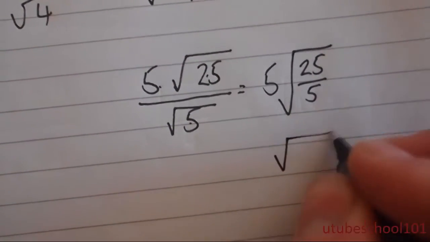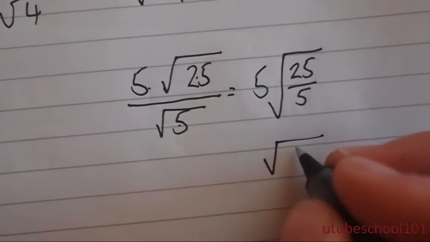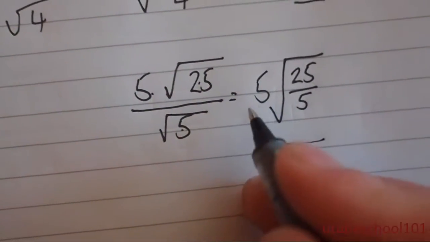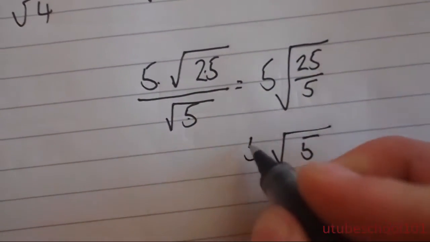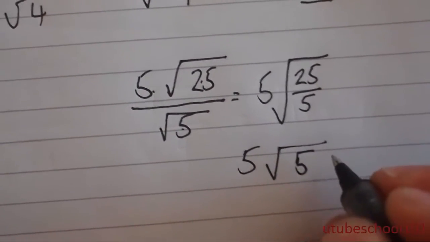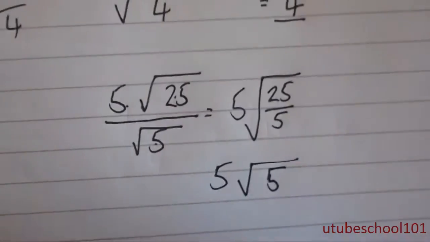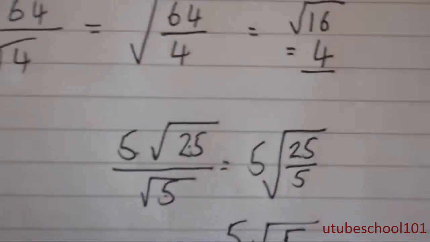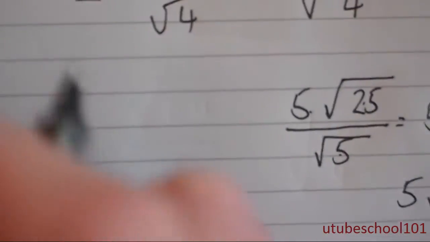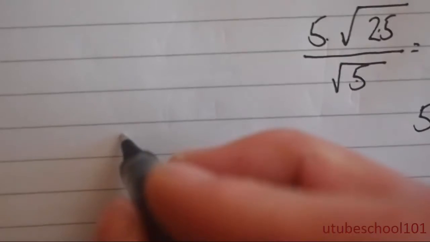Well, it's 5. Now, we just times it by 5, and there's our answer. I mean, that's not a precise answer, but it's the closest we can get without using a calculator, unless you're Chuck Norris.